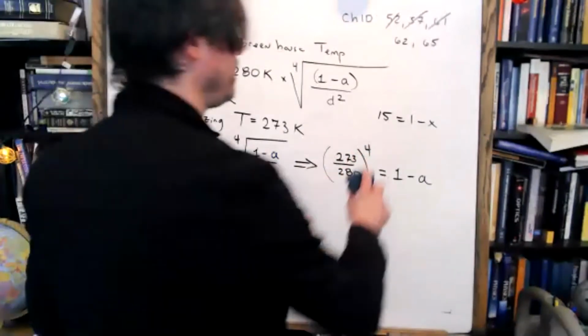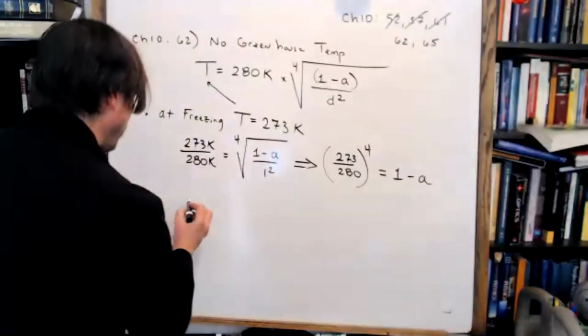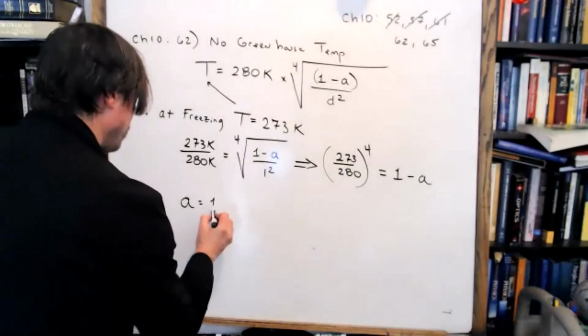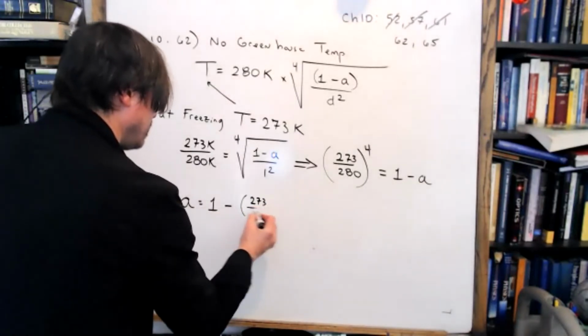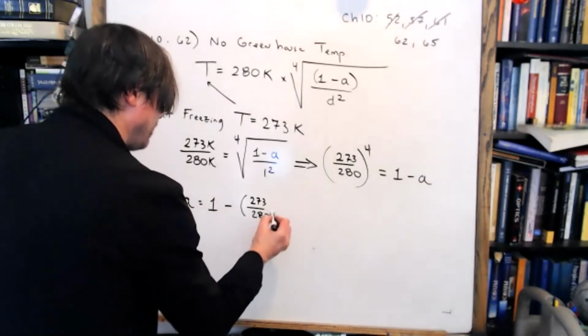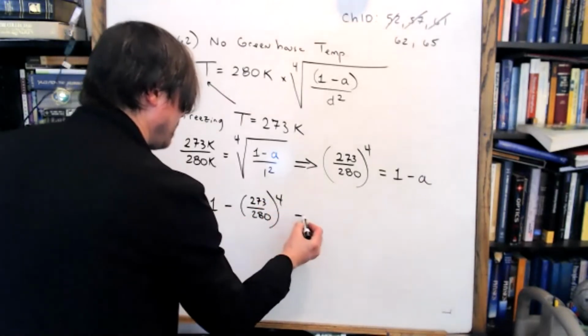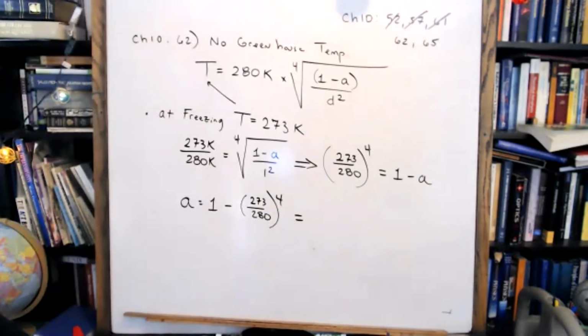All right, so A is 1 minus 273 over 280 to the 4th power. At least punch that in for me.